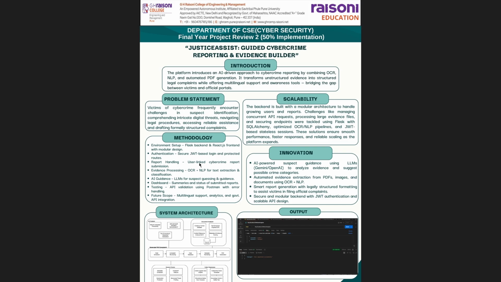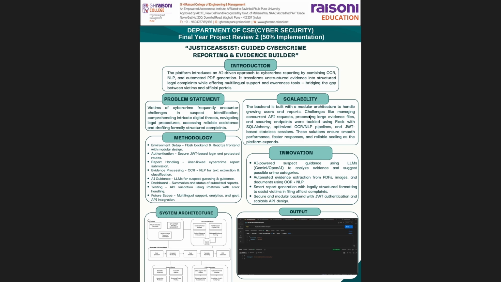The methodology section covers our complete development process: the Flask backend and React frontend setup, JWT-based authentication, user-linked report submission, and the OCR plus NLP pipeline for evidence extraction, AI guidance using LLMs, dashboards for submitted reports, API testing using Postman, and future scope like multilingual expansion and government API integration.